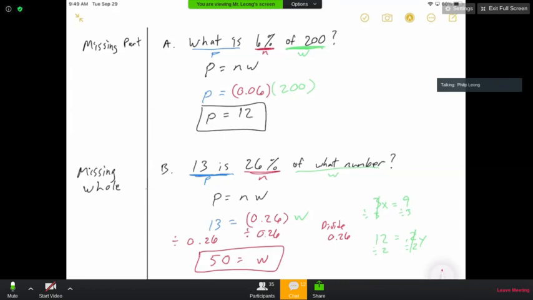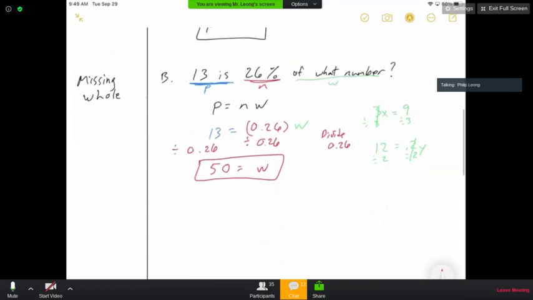When you do proportions, if I did the same question as a proportion, again, you don't have to write this down, this is what it would look like. I would say 26 over 100 is equal to 13 over W. And then guess what? This is what I do. Watch. 26 times W is equal to 1,300.